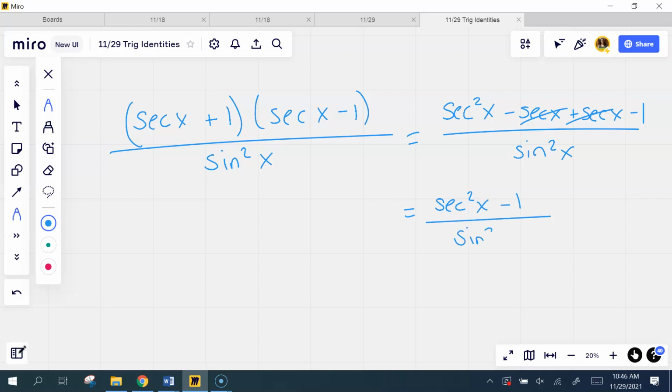I'll give you just a minute to catch up with me. Any ideas? Can't do that yet because of the subtraction up top.